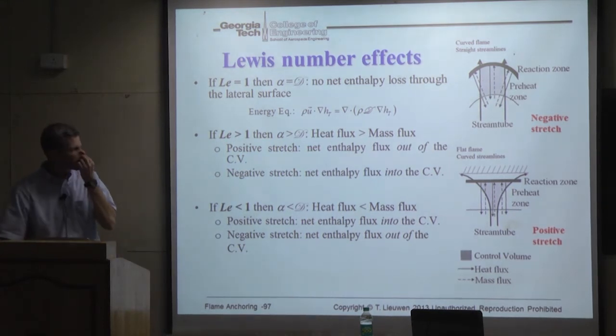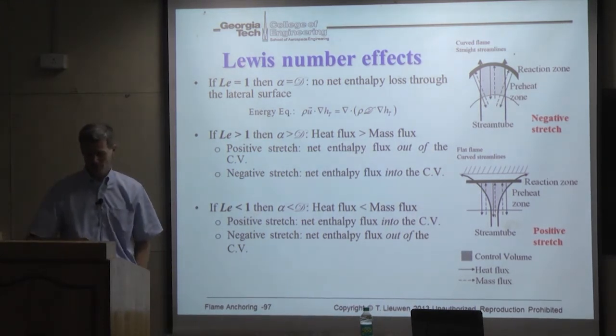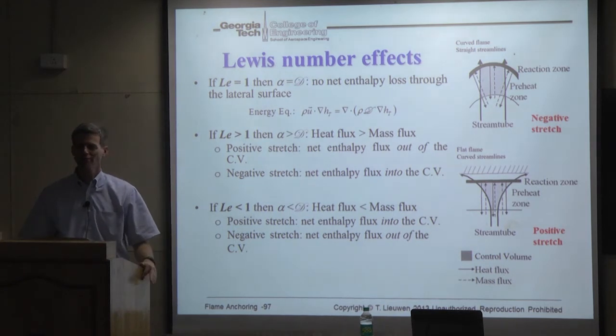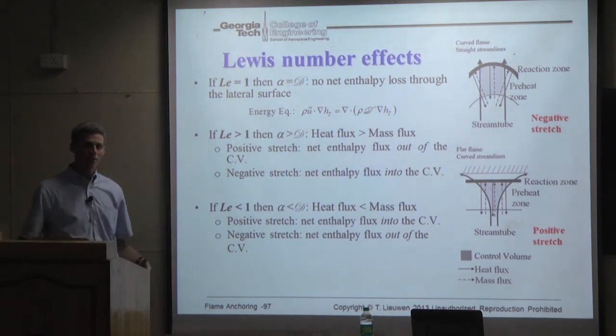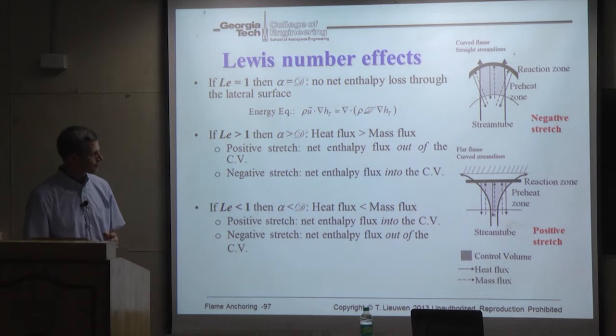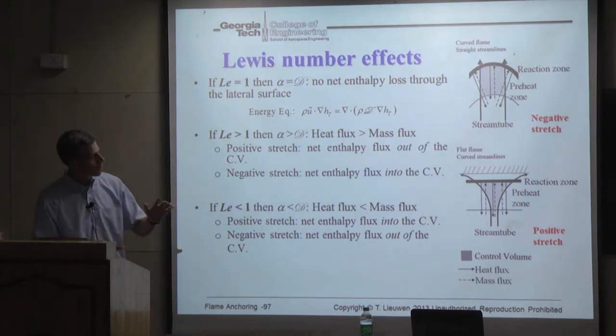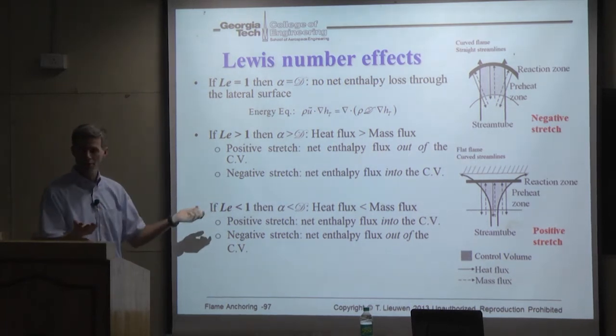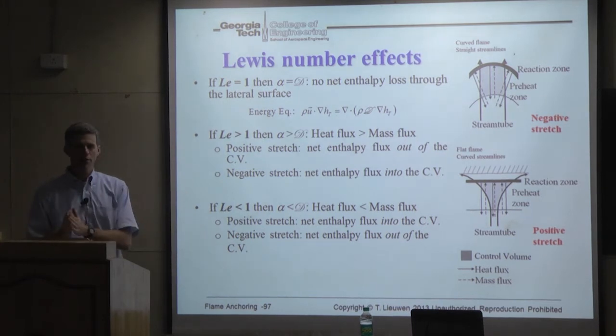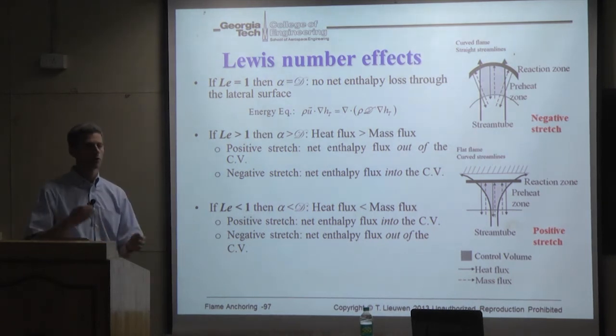The key point I want you to see here is that life's really interesting: depending upon whether the flame is positively or negatively stretched, you get a sensitivity that goes one direction or the other. And depending on whether the Lewis number is greater than 1 or less than 1, the sensitivity goes one way or the other.